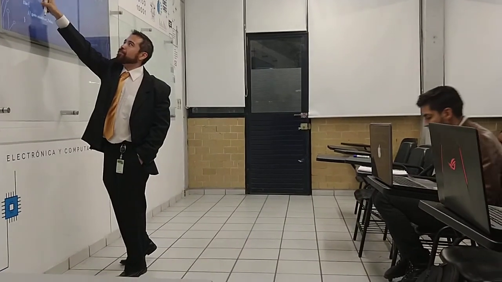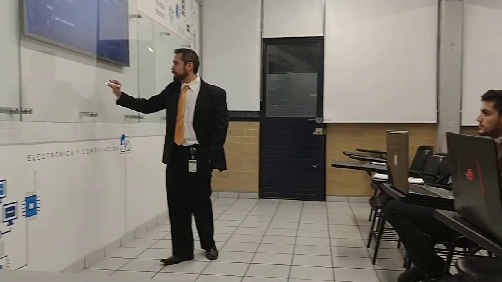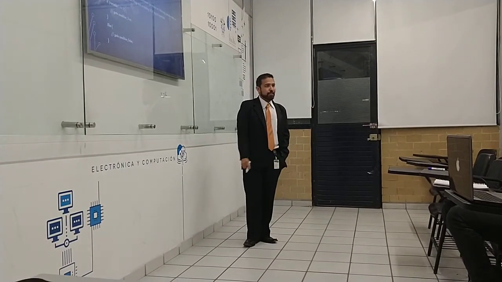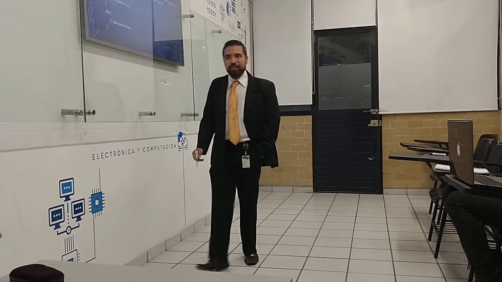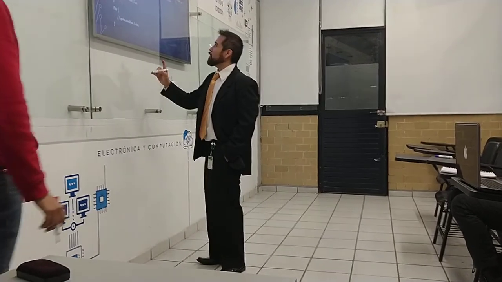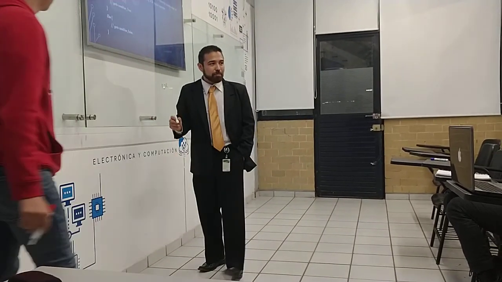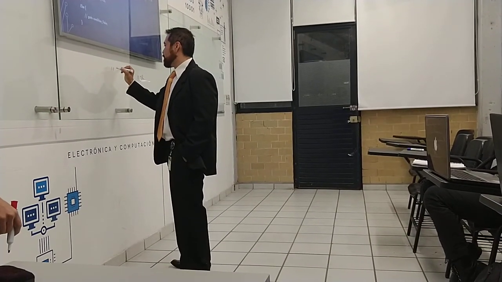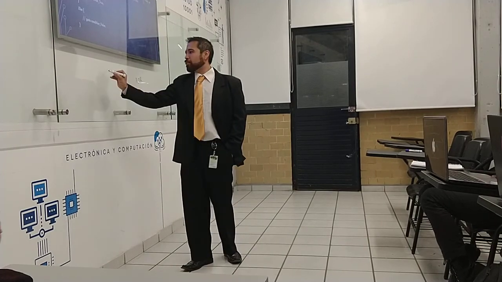I need to check if this variable meets this condition. How can we do it? You recall that we have an XOR operation? For example, 7 in decimal. How can we transform it into binary? 3 ones, 4 bits length.